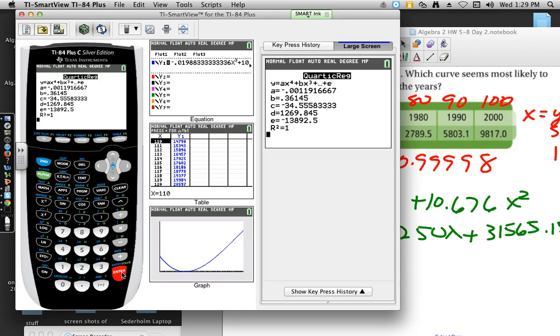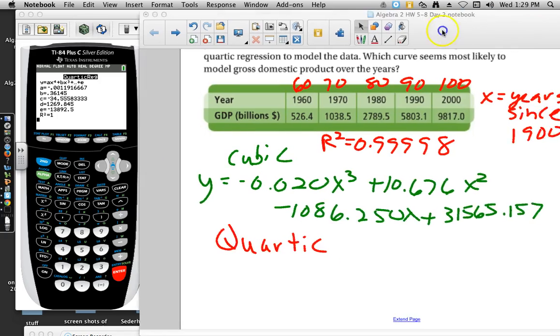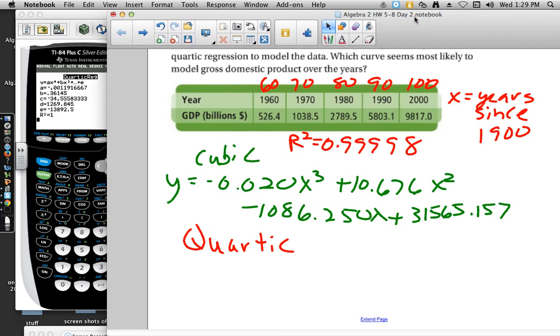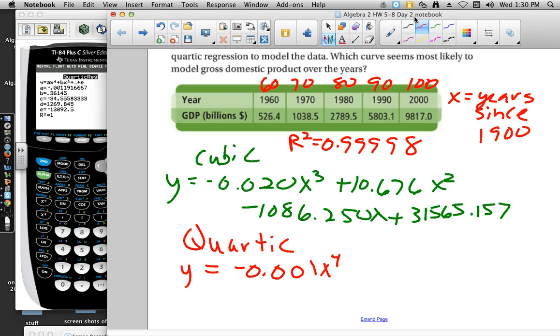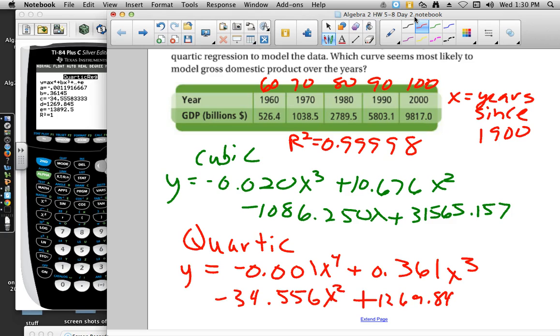And so I get that little monster for my quartic, and that is the part that we would need to write down for our quartic. So y equals negative 0.001 x to the 4th plus 0.361 x to the 3rd minus 34.556 x squared plus 1269.845, and that would be x to the first.